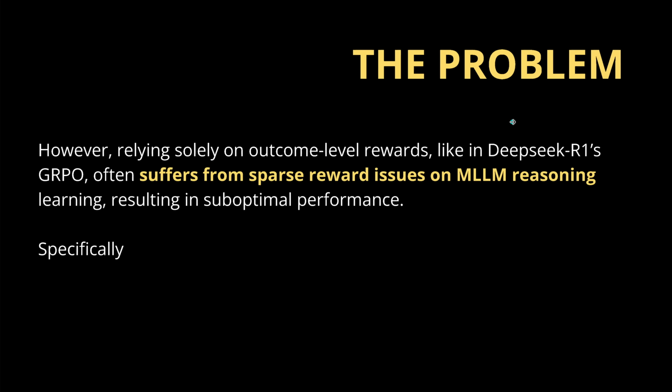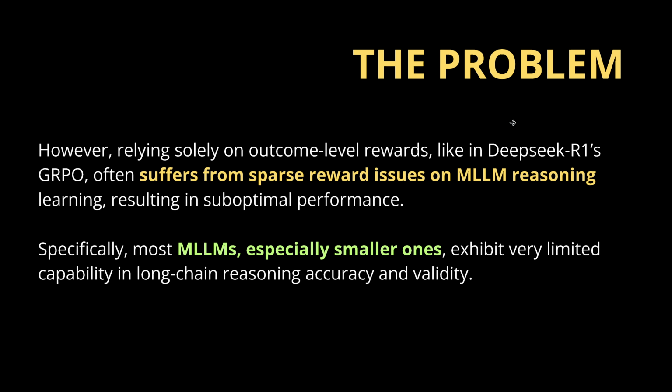Now we have a problem. Because this GRPO suffers from a sparse reward issue on multimodal LLM reasoning, and especially in the learning phase. And this is not good because we have suboptimal performance for our multimodal models.